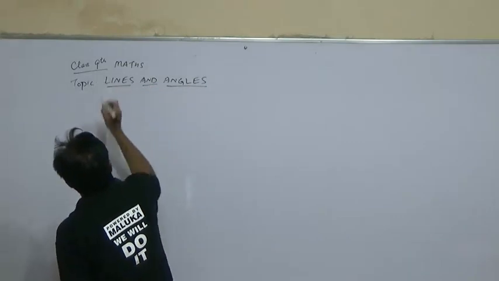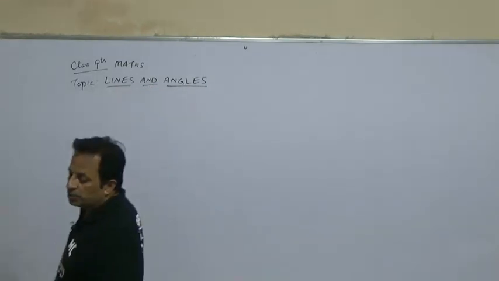Yesterday we have seen certain common basic terms which are used in them. We have just learned about the adjacent angles, vertical opposite angles, linear angle, acute angle, obtuse angle, and so on. And we have started with certain questions. So we will continue with the concept.